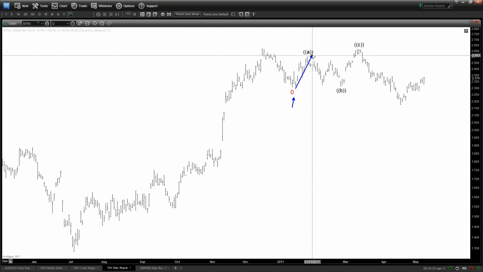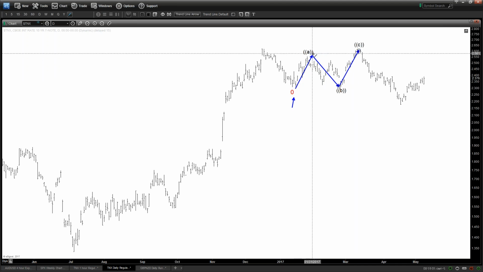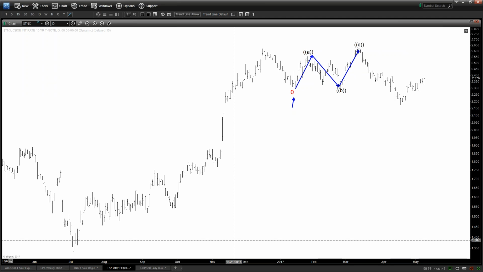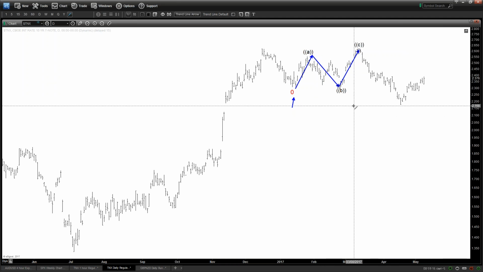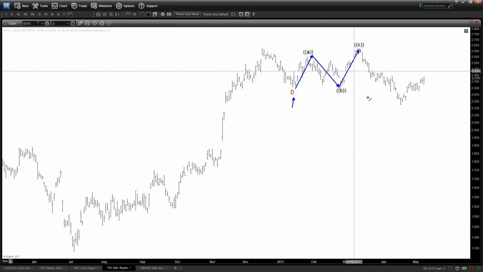It's A. So like I said, it's like a choppy consolidation, right? You can see the B retesting the start, and the C terminates slightly above the A, right? So this is a flat. Now the example we have is like the bullish flat, and this one is the other way.